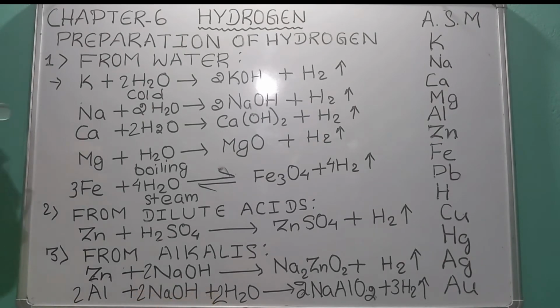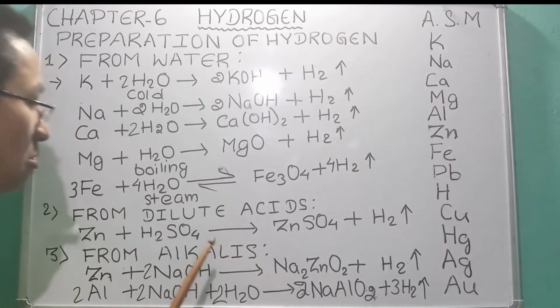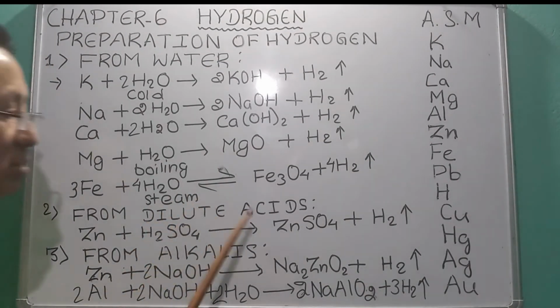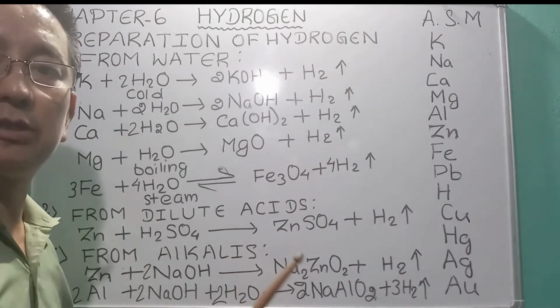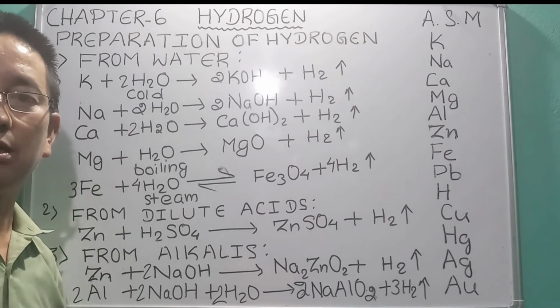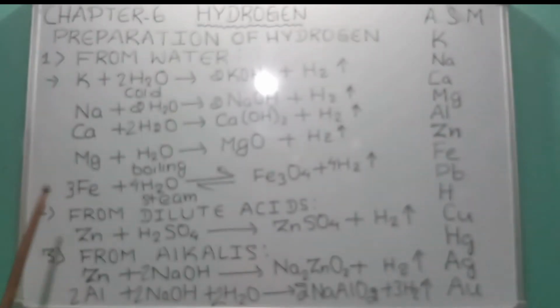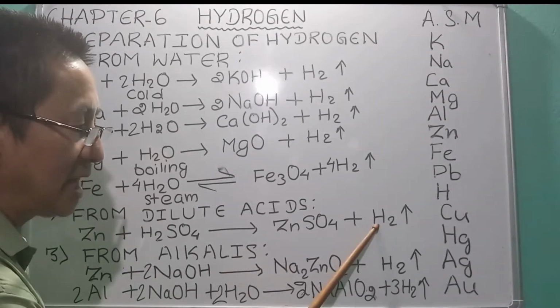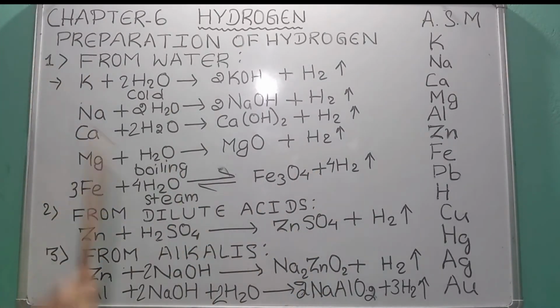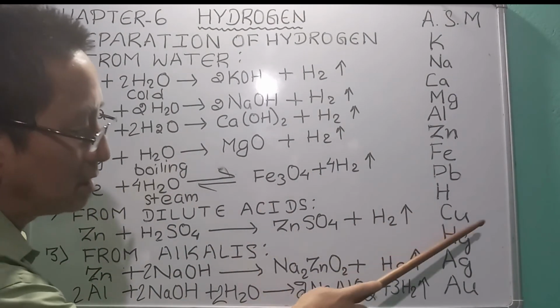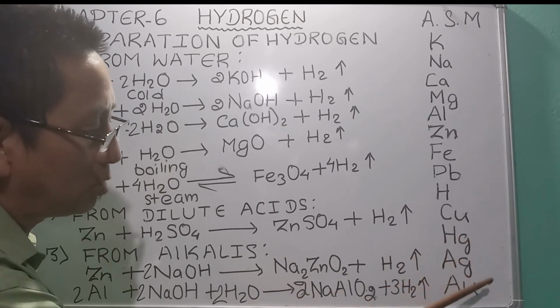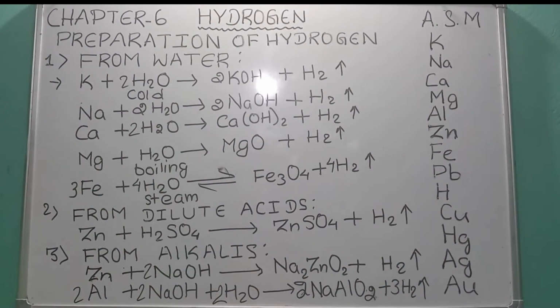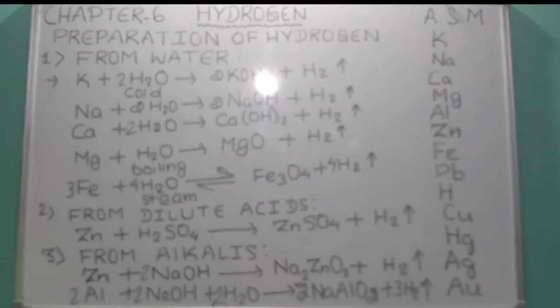Next, for the preparation of hydrogen gas from dilute acid, we cannot use dilute nitric acid because dilute nitric acid, being a powerful oxidizing agent, oxidizes hydrogen to water. Now next, metals below hydrogen like copper, mercury, silver, gold do not displace hydrogen from dilute acid.